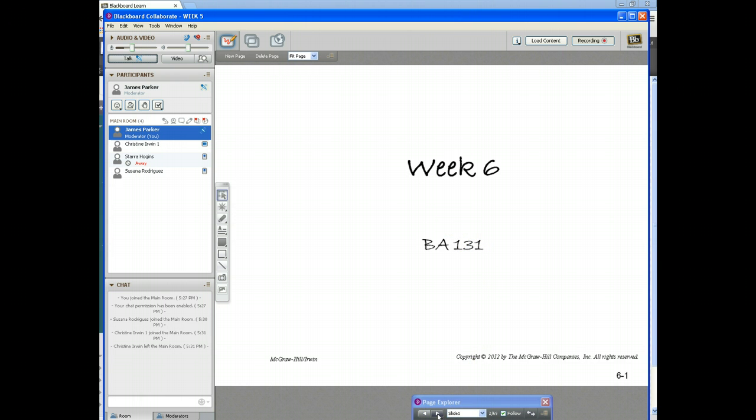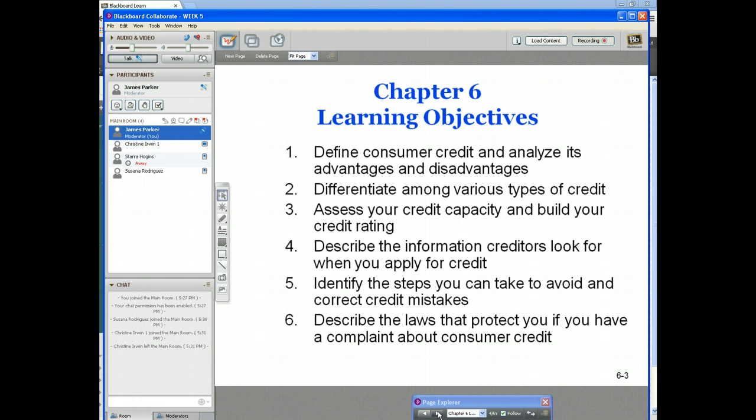So anyway, today we're going to talk about consumer credit primarily. Let's take a look. These are the objectives, but the big picture is, consumer credit can be a lot of people's downfall, but without consumer credit, life would be incredibly difficult, and we would all be a lot less productive.